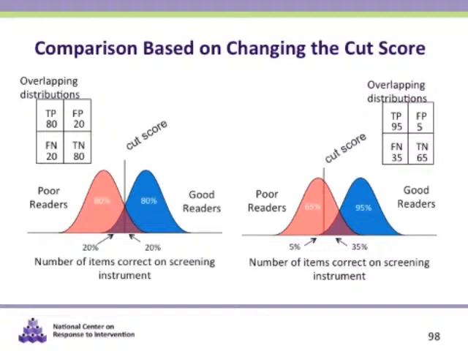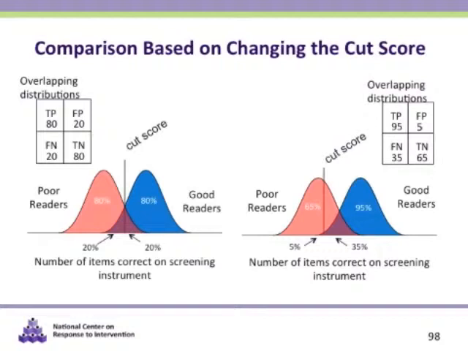Now, if you look at the actual bell curve graphics, just to give an explanation, that pink piece is the students who were actually at risk. So 100% of the kids who were actually at risk fall under that bell curve. And 100% of the kids who are actually not at risk, or good readers, fall under the blue. It doesn't mean 50% are good and 50% are bad.